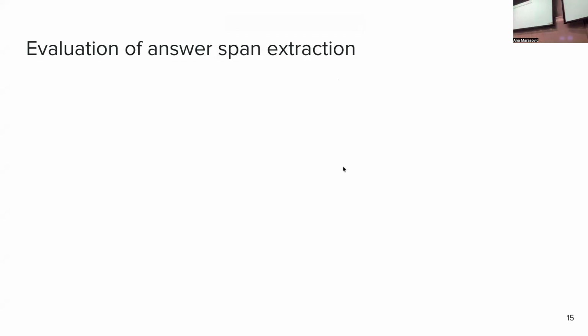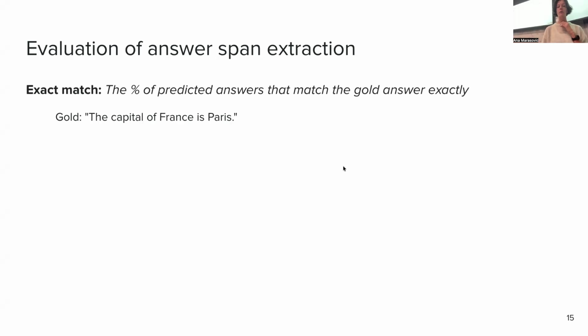I want to wrap up our answer span extraction with how we evaluate it. So you will have two measurements here. One is called exact match. So you check whether you basically predict the same string that is in the gold data. So it's like an exact string match.